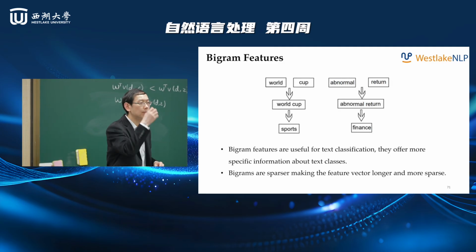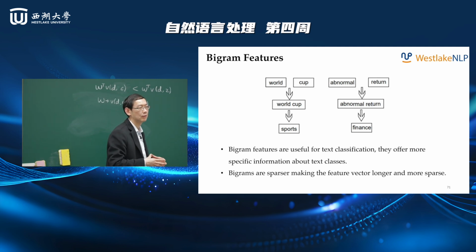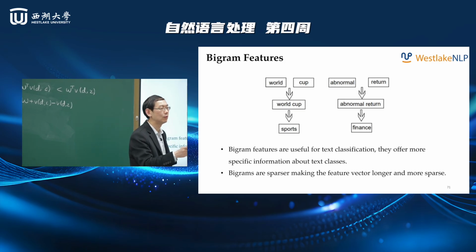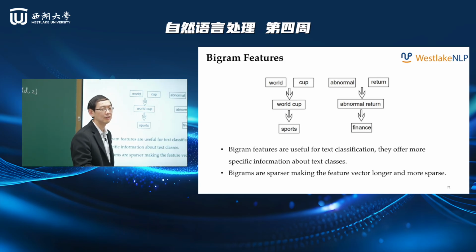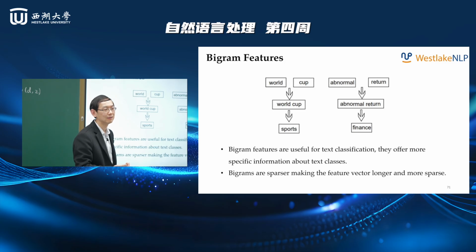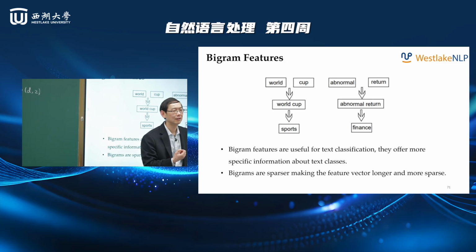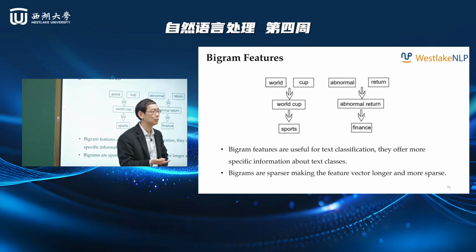So you know we learned bigrams last week. If I tell you that your document contains the word world, what is this document? Is it financial news or sport news? You don't know, right? If I tell you the word cup, is this technology news or sport? I don't know.